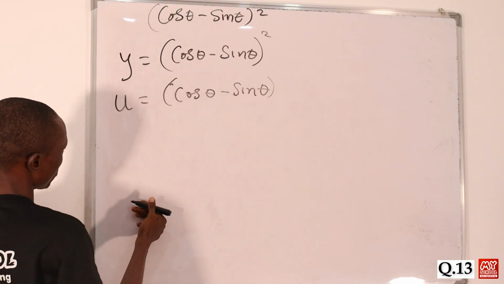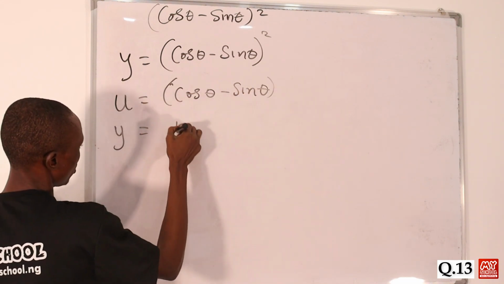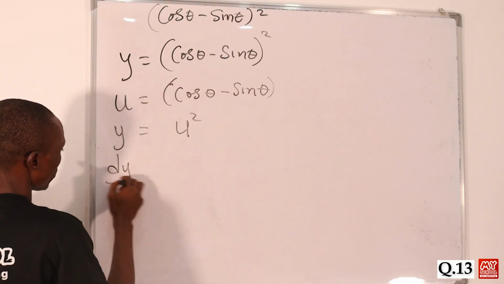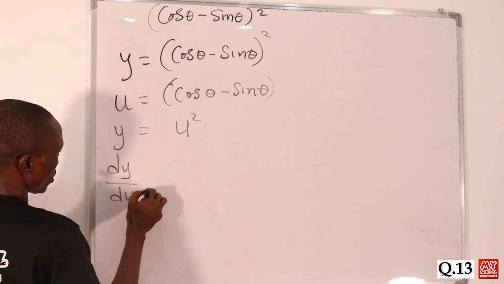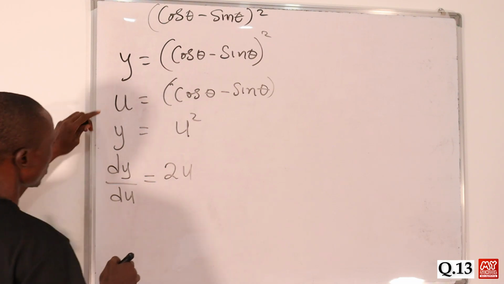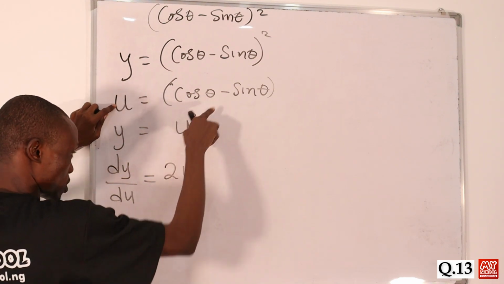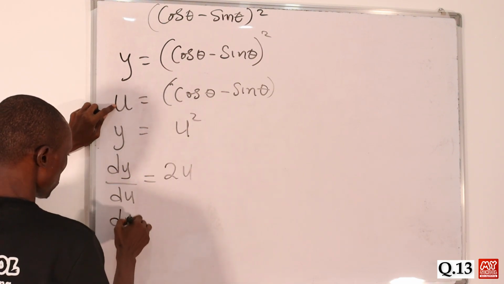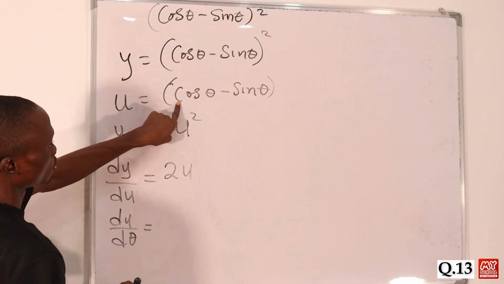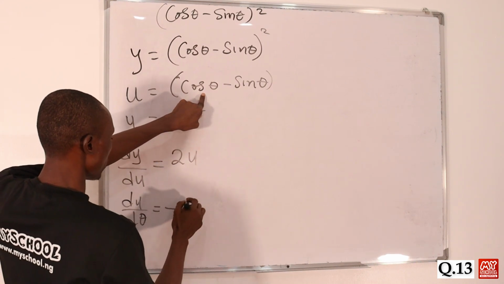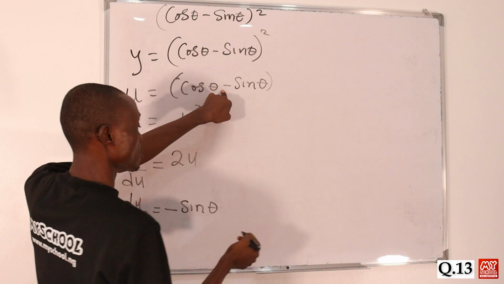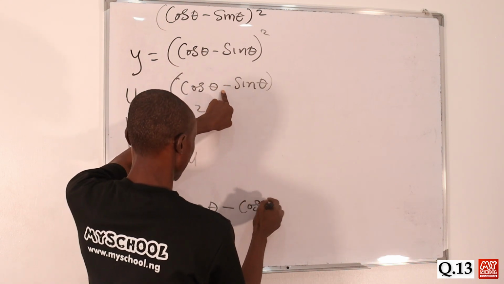In this case, y will be equal to u squared, right? So let's differentiate y with respect to u, and this will be equal to 2u. Then next, we differentiate u with respect to theta. That will be du over d theta, and if we differentiate cos theta, we have minus sine theta. Then if we differentiate minus sine theta, we'll have minus cos theta.